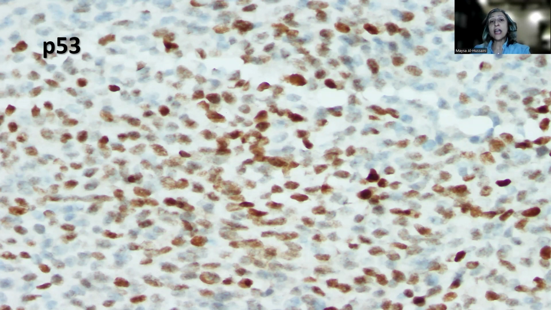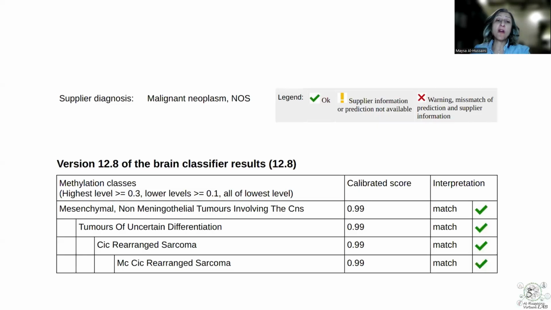At this stage, the tumor was diagnosed as a malignant tumor, and the tumor was subjected to methylation profiling, and the methylation classification came back as tumors of uncertain differentiation consistent with CIC-rearranged sarcoma with a calibrated score of 0.99, which means a confident diagnosis.